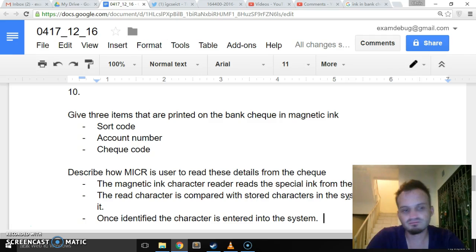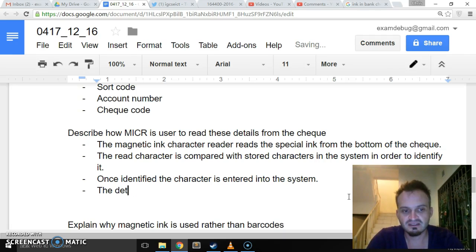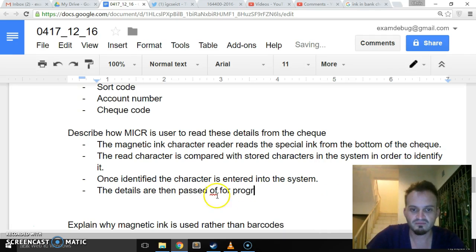And then you could talk about perhaps the read details are then passed on for processing. Something like that should hopefully be enough.